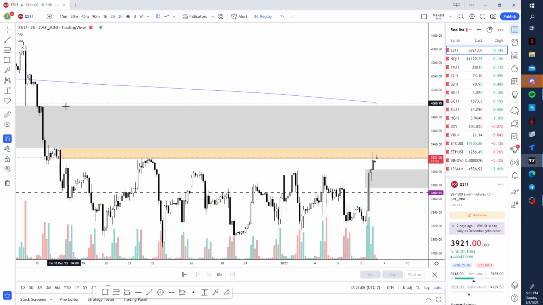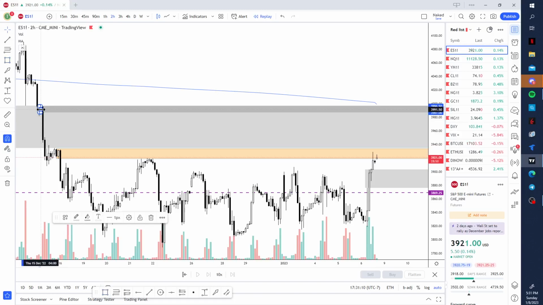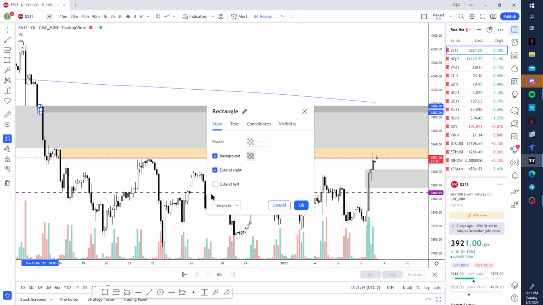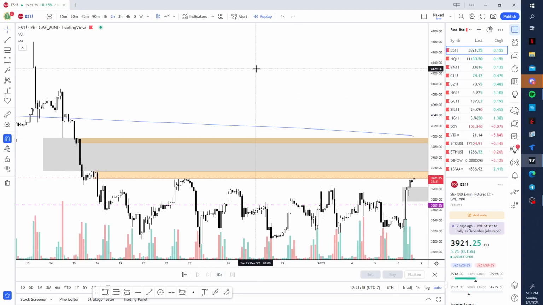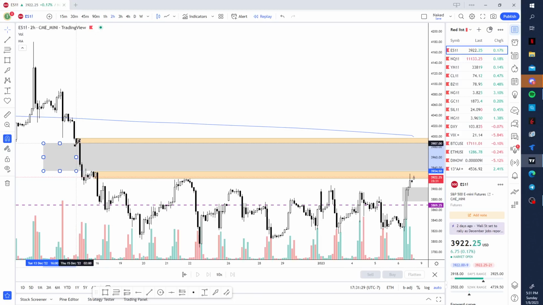That's my thought process. So we have this 2 hour supply up here that I really like. I know Dylan from Investa Trade has been talking about it, and that's his main short he's looking to take. That aligns, because if we hit it, you've basically filled the imbalance of the daily. On top of that, you have the 2 hour imbalance right here, so you've got a big area to fill.